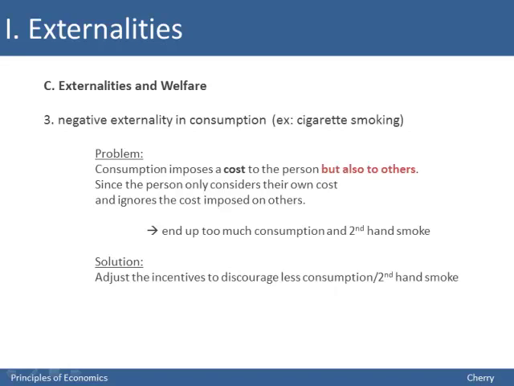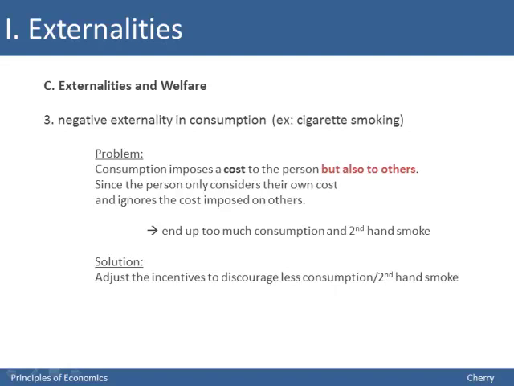And again, we can have a solution that adjusts the incentives to try to get us back to equilibrium. Because as it stands now, the market is ignoring some relevant information. In this case, it's ignoring external costs. So we can adjust the markets to internalize those costs or force the individuals to take into account that external cost and thus make the market more efficient.